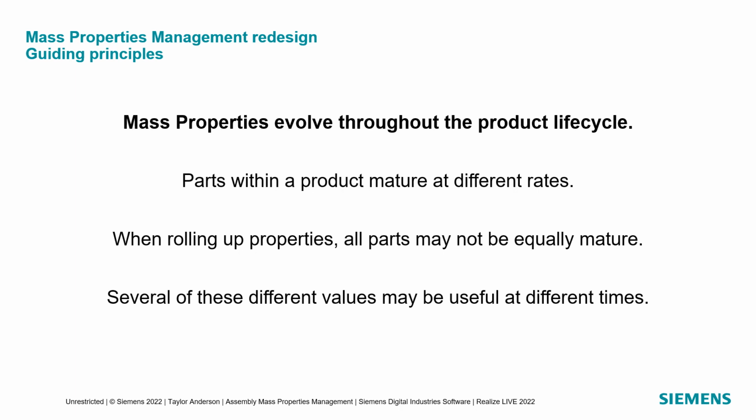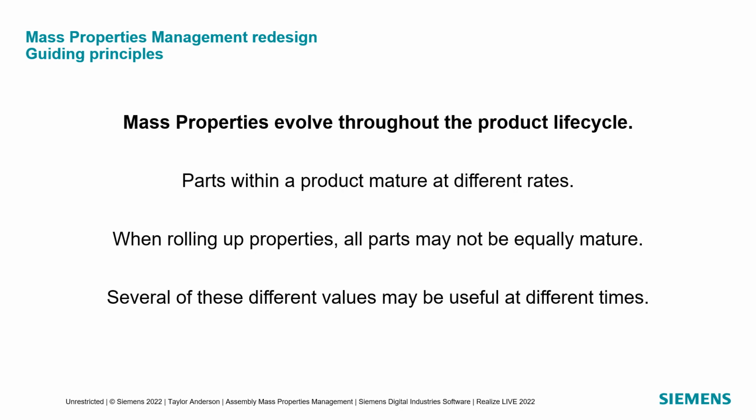And so in those kinds of contexts, it's useful for us to be able to assert mass properties to indicate what those mass properties should be and have those asserted values roll up in assembly roll-ups. And so we can do that.